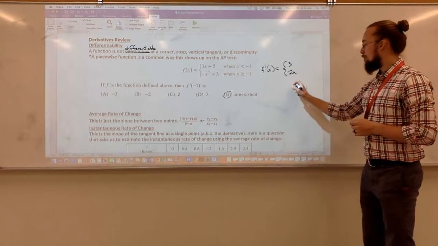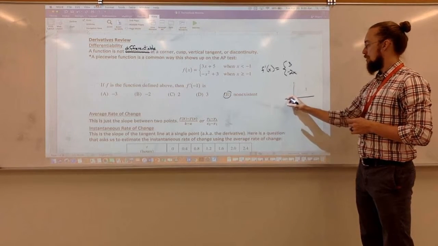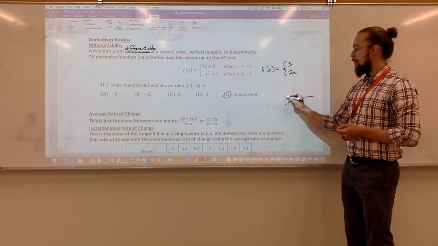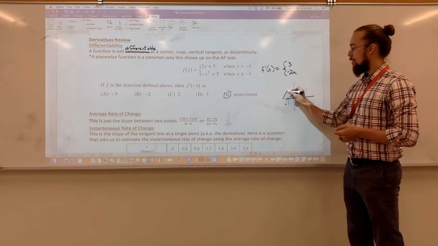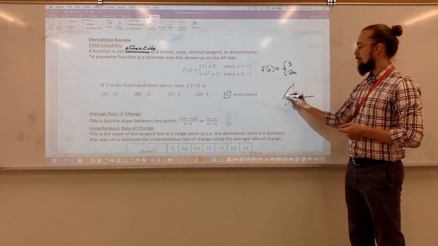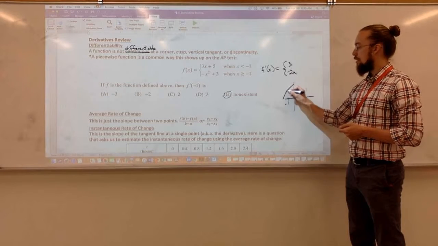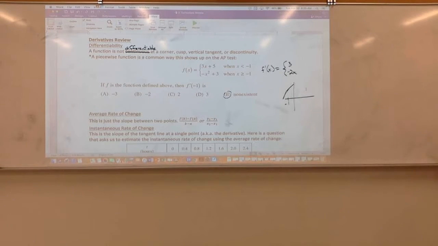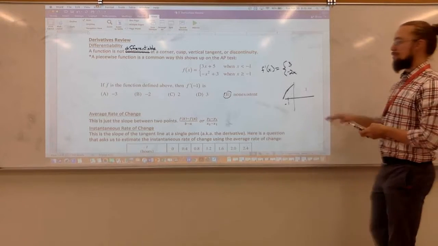So the visual of what's happening here: at x equals -1, the slope of the first piece is 3, and the slope of the second is 2. Even though it's a slight change, technically that's a corner right there, since it's not a smooth transition between these slopes.